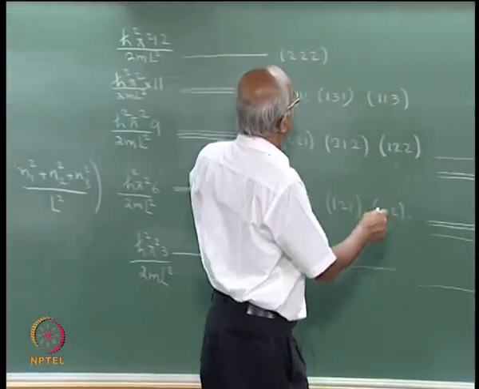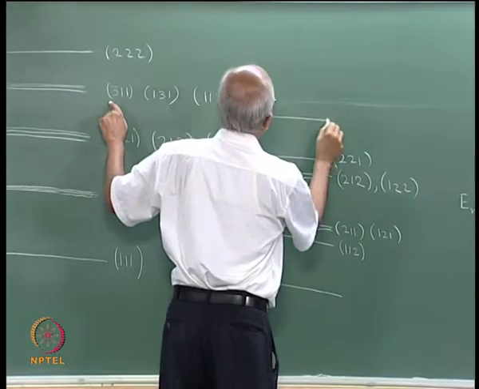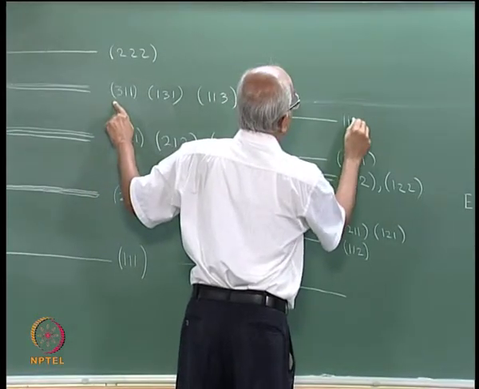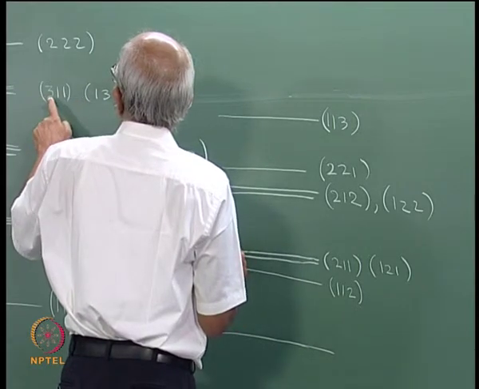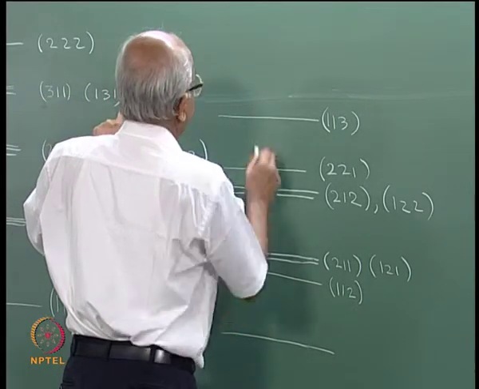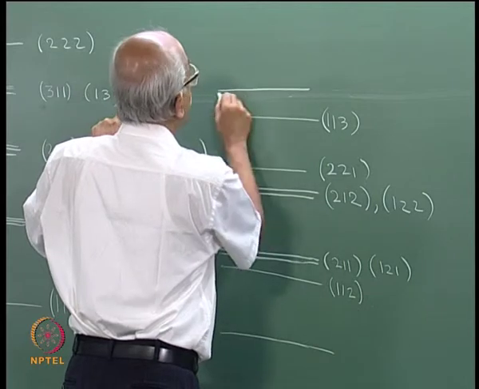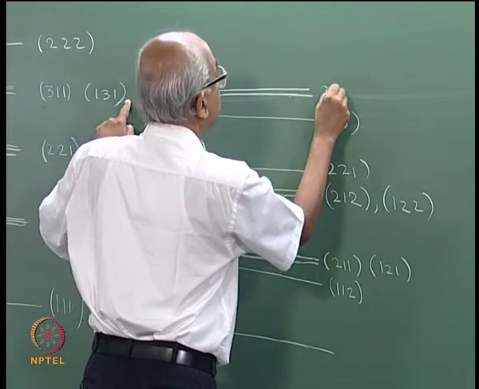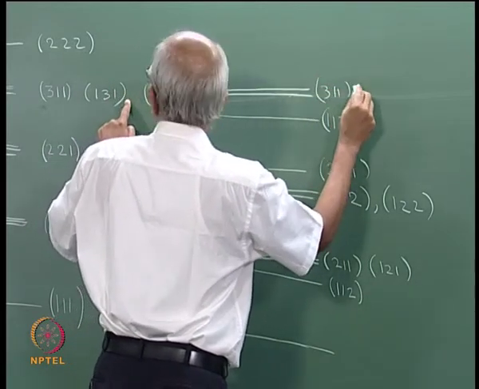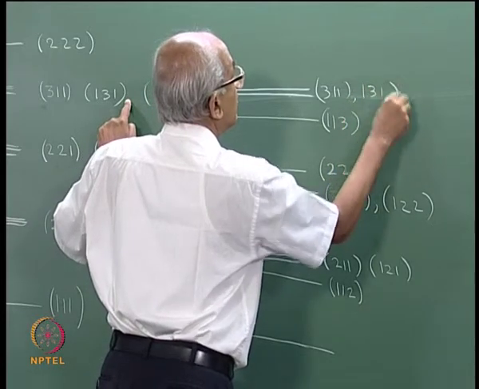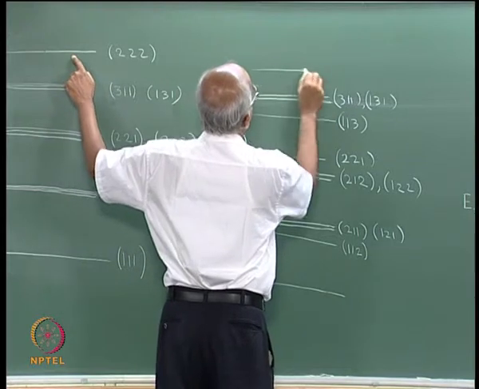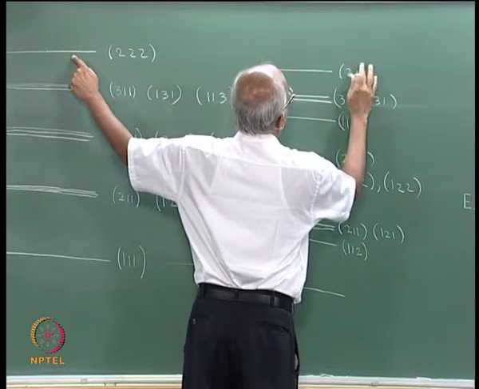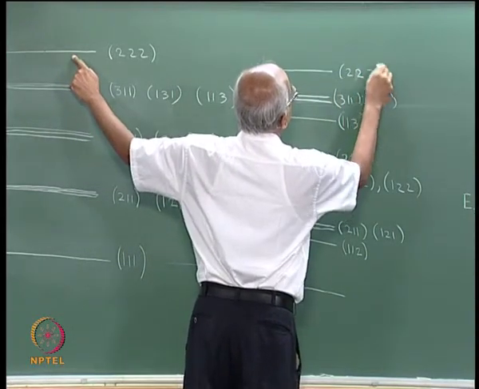Similarly, here too 113 would have an energy that is lower than either 311 or 131. And finally, of course, 222 is there, but there is only one state, and therefore, there is no splitting up.